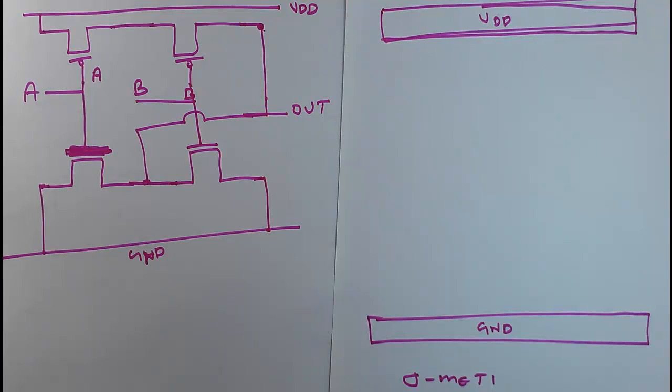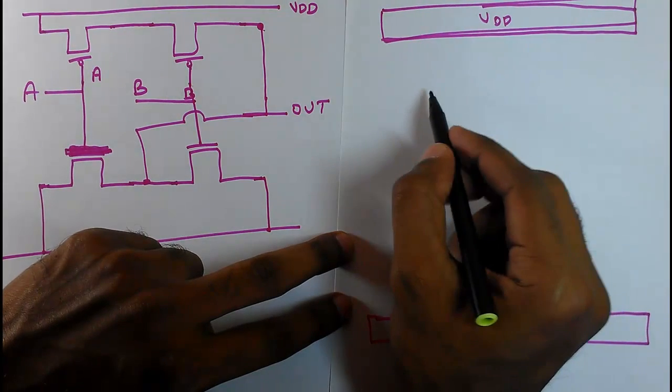So this is metal one. This red or pink color is metal one. And we have 4 MOSFETs. We have 2 PMOSes and 2 NMOSes. So I am drawing it very quickly.